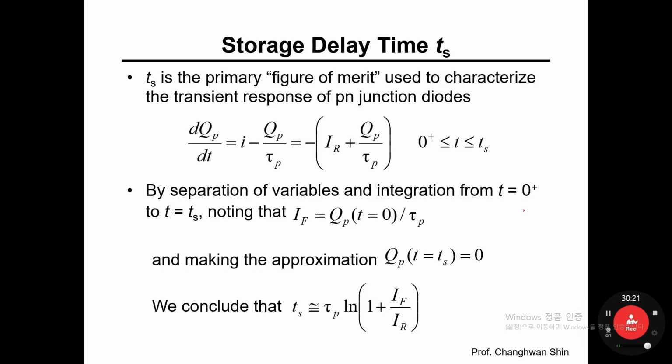So now is a good time to derive all the detailed process. We should build up the equation for the storage delay time. As I have told you, Ts is the primary figure of merit used to characterize the transient response of a PN junction diode. So using, what was the name?